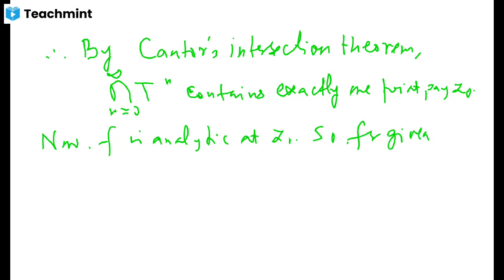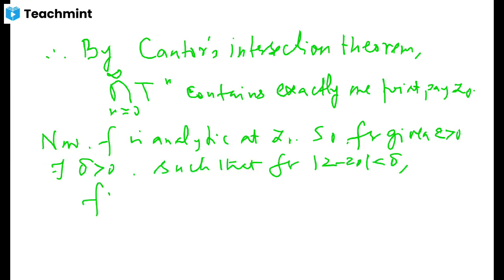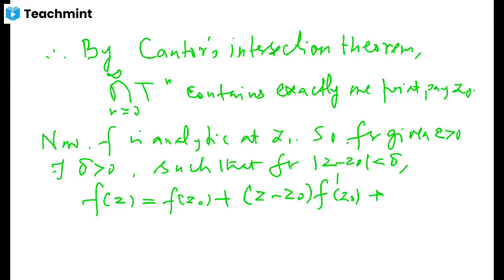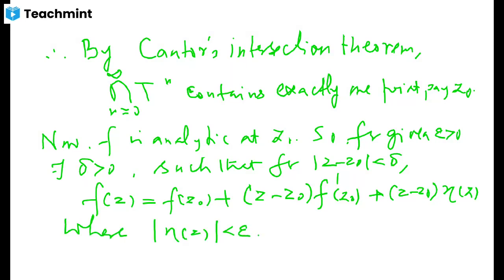I'm going to write this in this way: given epsilon bigger than 0, there exists a certain delta greater than 0 such that for |z minus z naught| less than delta, I can write this expression: f of z is equal to f of z naught plus z minus z naught times the derivative of f at z naught, plus z minus z naught times eta of z, where the modulus of eta of z is less than epsilon for |z minus z naught| less than delta.